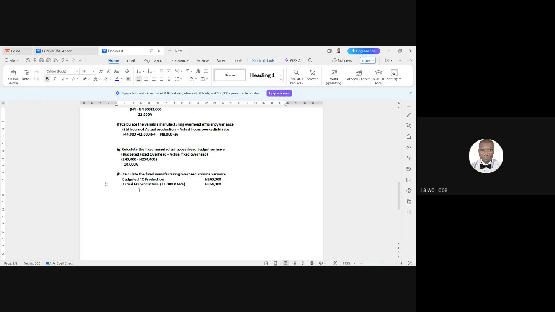So this fixed manufacturing overhead volume variance is your budgeted fixed overhead production less your actual fixed overhead production.